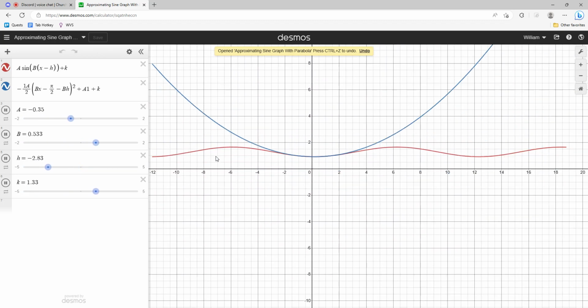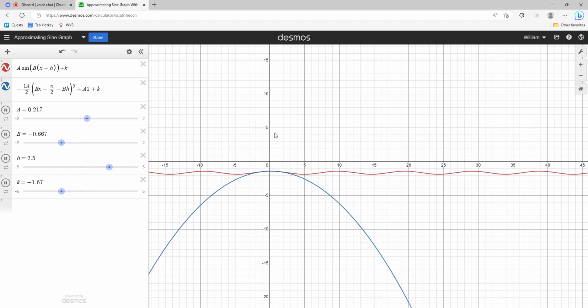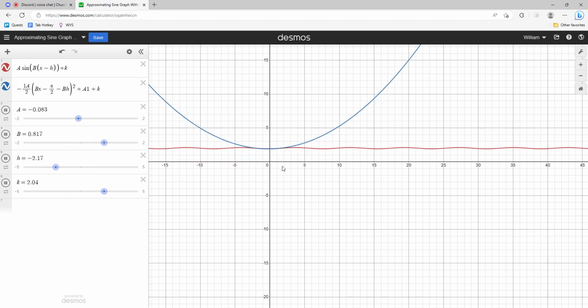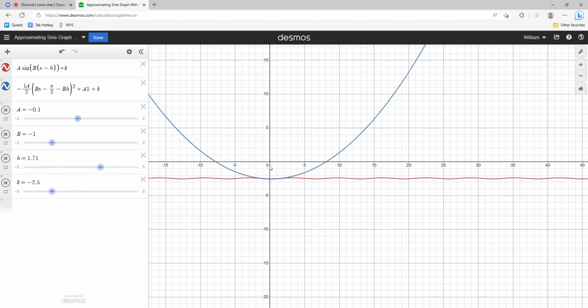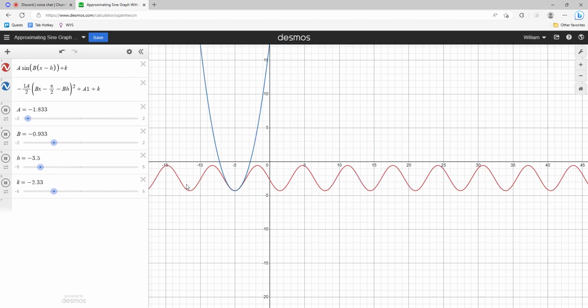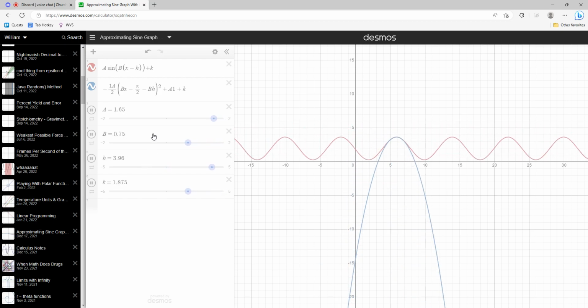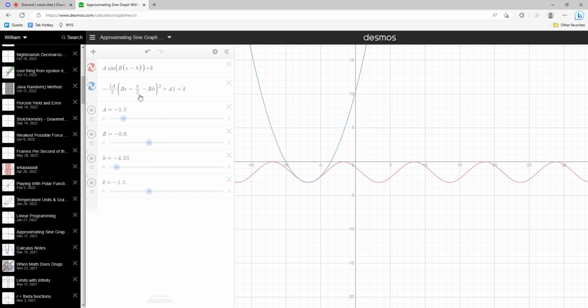Approximating the sine graph with a quadratic. You know, this is actually the beginning of, I think, a Taylor polynomial. And it is a Taylor polynomial, not a Maclaurin, because it's not necessarily centered around x equals 0. Let me see. Interesting. I'm not sure. How did I come up with this?